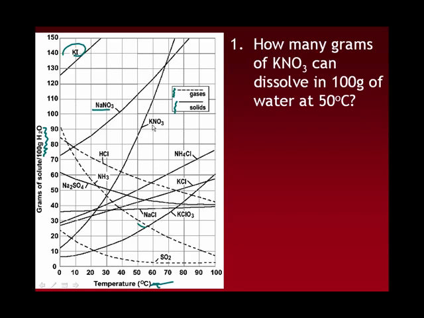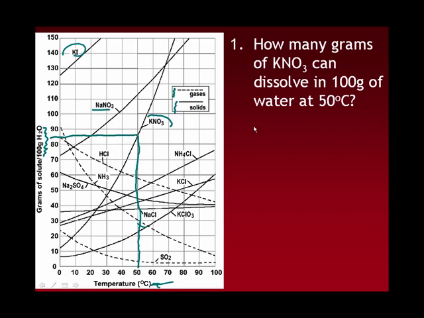Well, first you have to find KNO3 on the chart. Okay, here's KNO3. And we go to 50 degrees Celsius, down here at the bottom, and we follow that line up until we hit the KNO3 line. And then, let's see if I can get this straight enough, we take it across and read the grams.